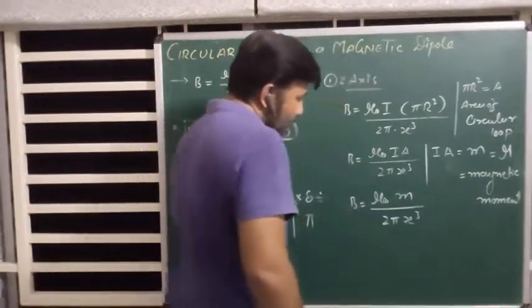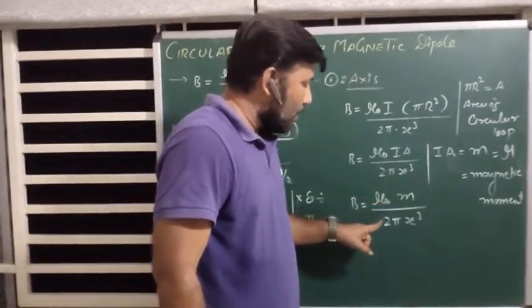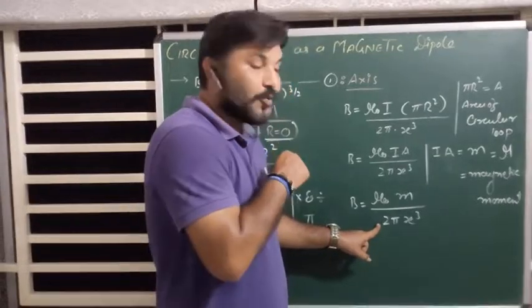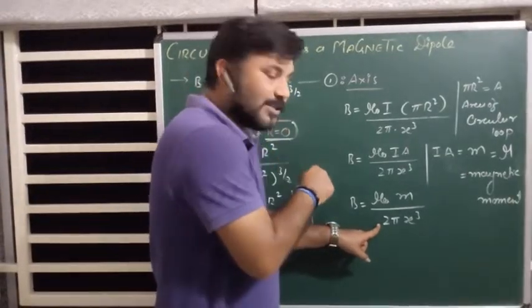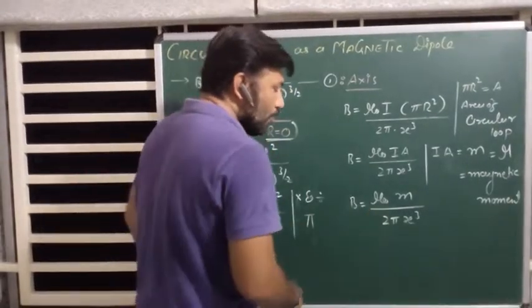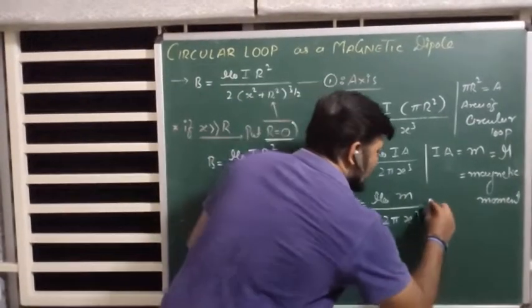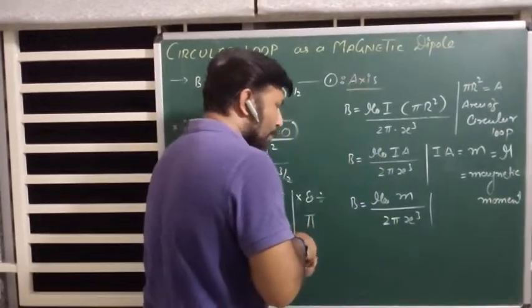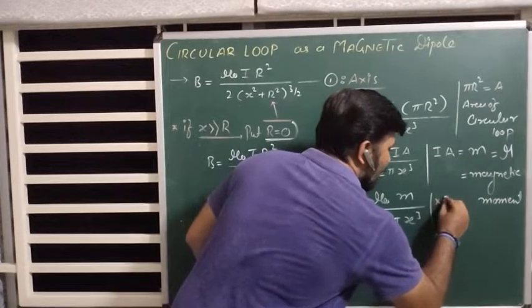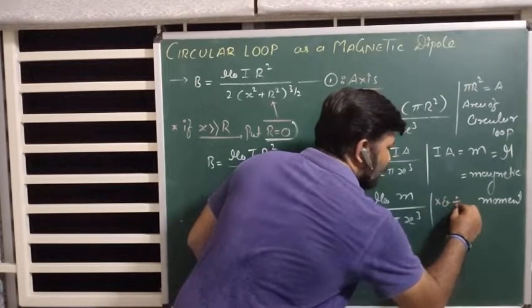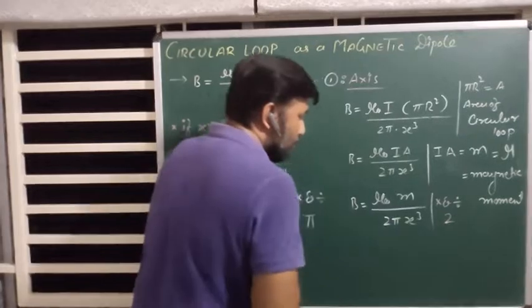But generally we are taking mu 0 upon 4 pi. So here 2 is there. So instead of 2, we have to bring 4. So for this you have to multiply and divide this equation by 2.